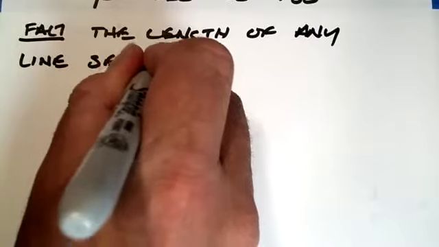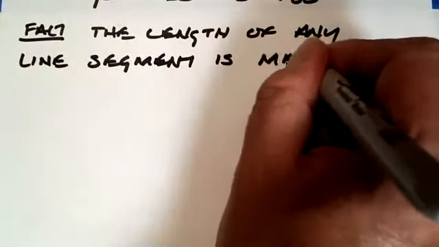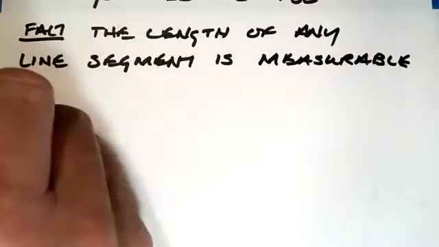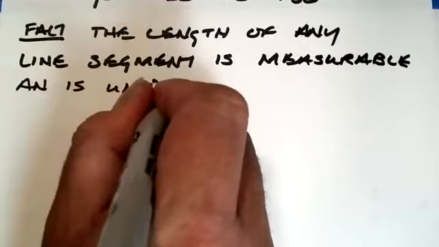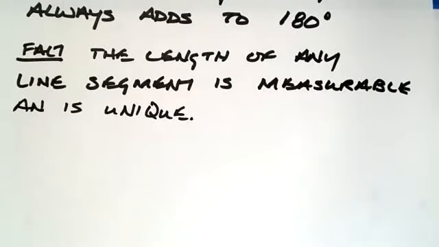The length of any line segment is measurable and is unique. That's a fancy way of saying that there is one and only one way to measure the length of any line segment.